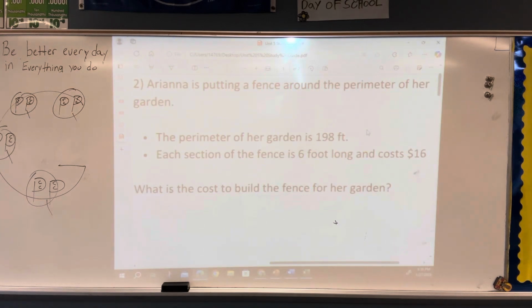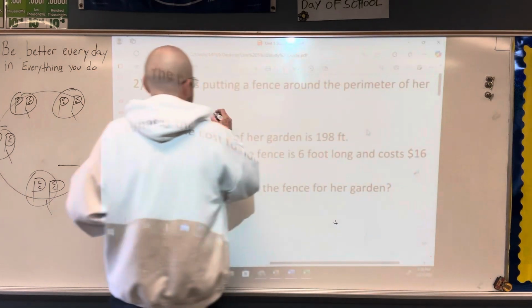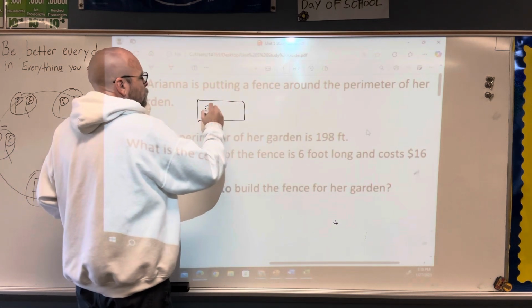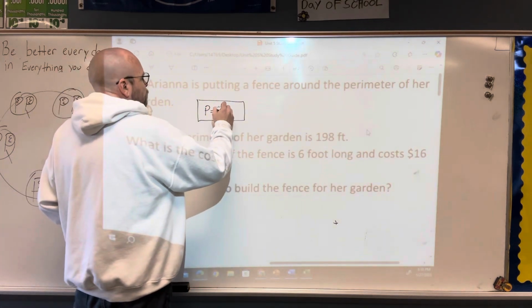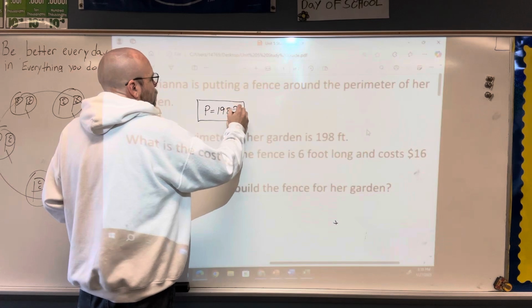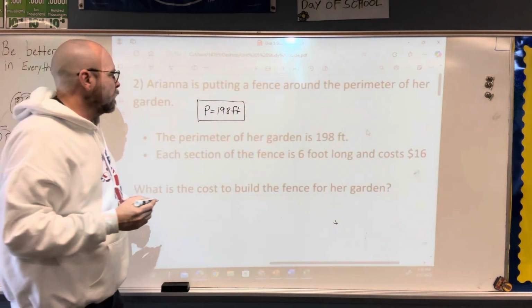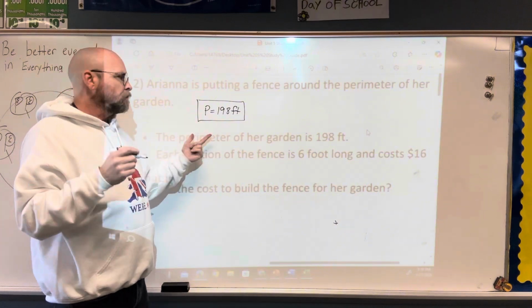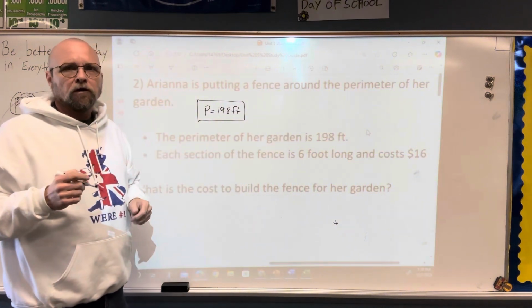So starting out, let's look at what we have here. I always like to draw a picture. And we know the perimeter is 198 feet, so the distance around it is 198 feet. We could draw a picture and divide each section into 6 foot lengths.